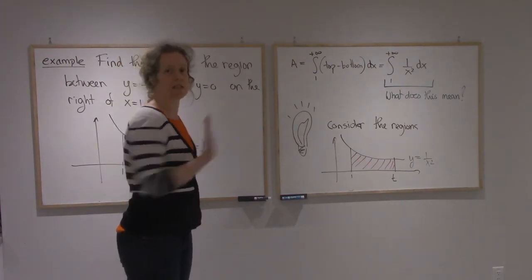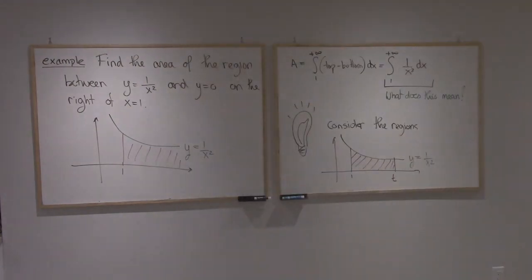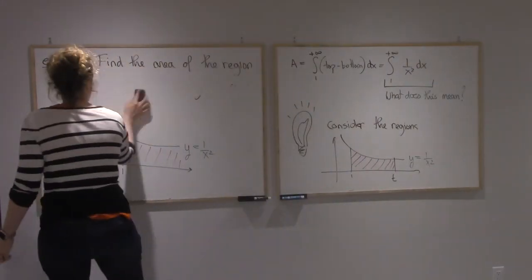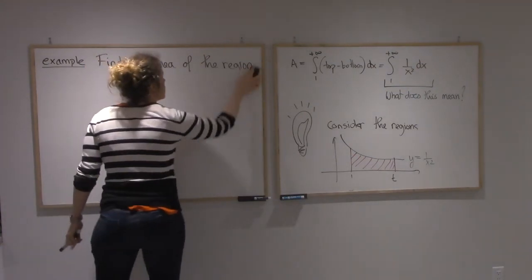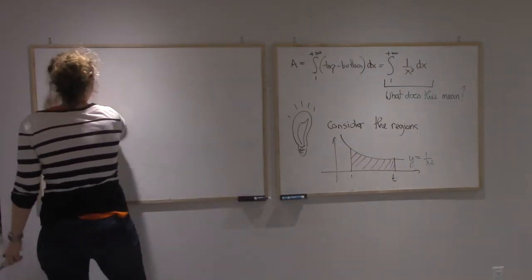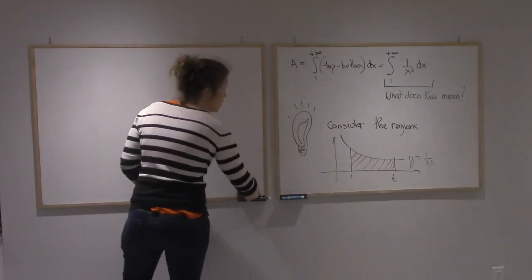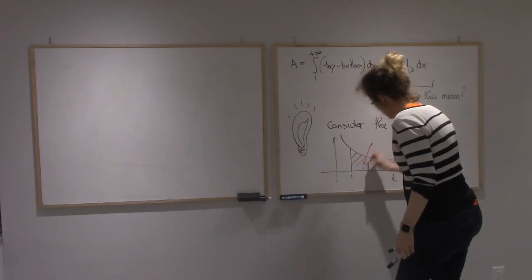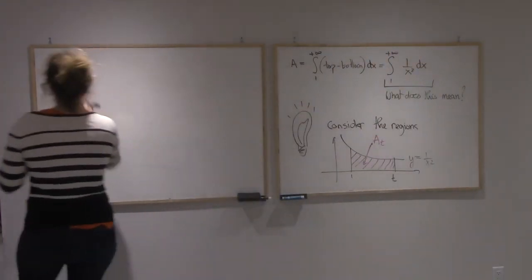And then what I'll do is I'll send t to infinity afterwards. Alright, so I'm going to call this area A of t. It depends on t.